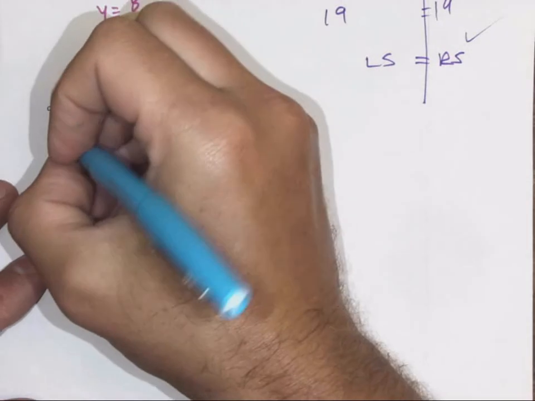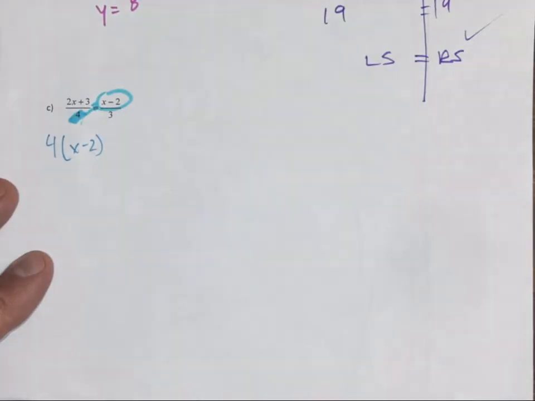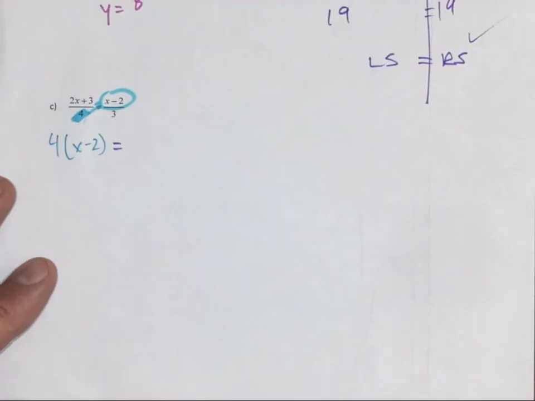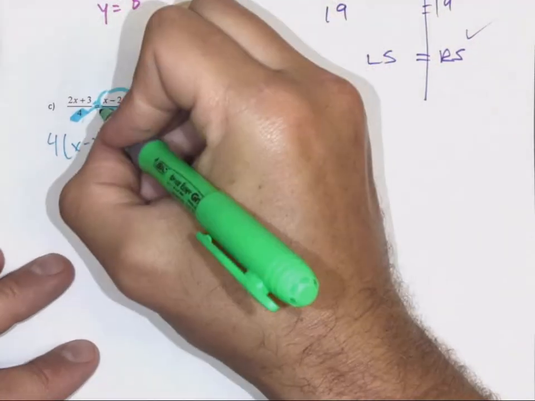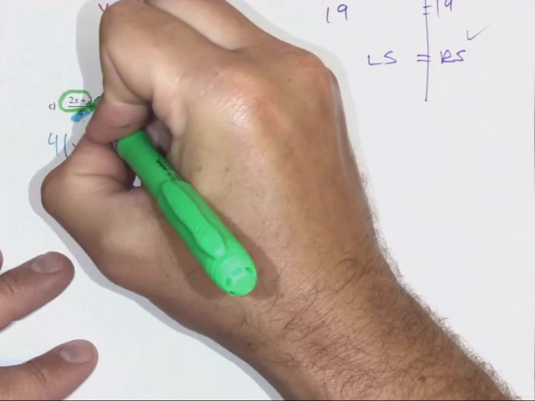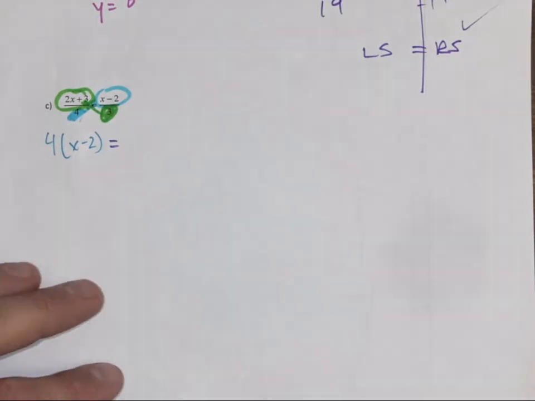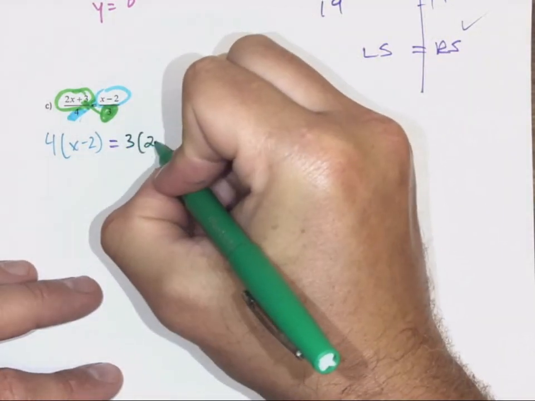So I'm going to have 4 times x minus 2. I'm going to have my equal sign. I'm going to take what's on the bottom here, 3. I'm going to multiply it across the equal sign to the entire top of the left side. So I have 3 times 2x plus 3.